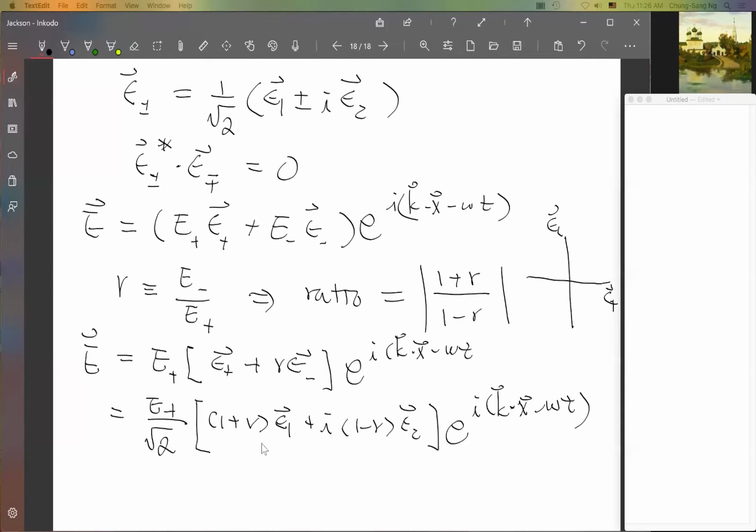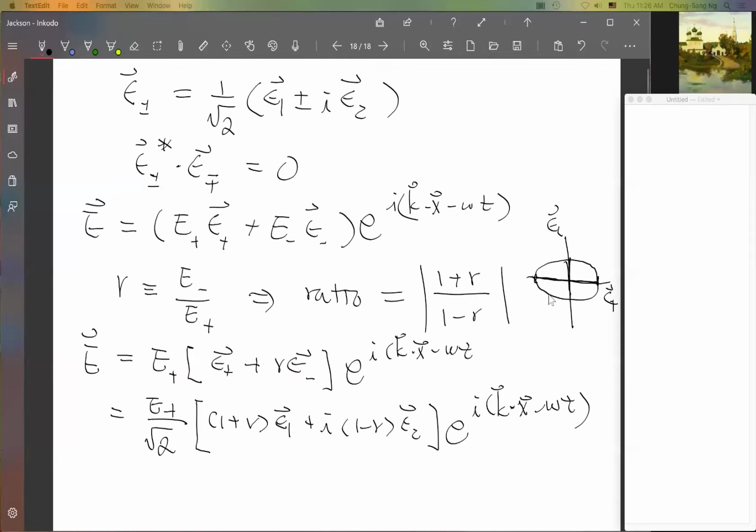One is 1 plus R, the other is 1 minus R, but both can be complex. So the ratio between the lengths of these two axes is not exactly one. The magnitude ratio is 1 plus R divided by 1 minus R, just from this expression. So it generally forms an ellipse.